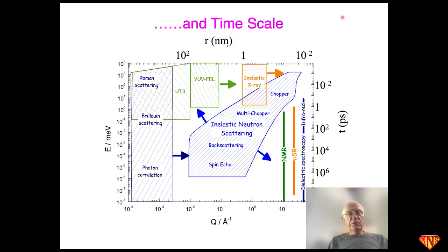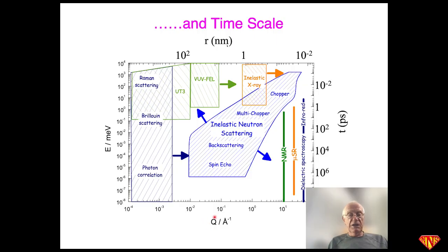The same sort of argument applies to timescales, so for dynamic motion. So again, along this x-axis here, you'll see length scales. So here you go from 1 nanometer down to hundredths of a nanometer, and then up over here to micron-like length scales. On the bottom here is a scale that you'll get used to pretty soon, which is the wave vector scale.